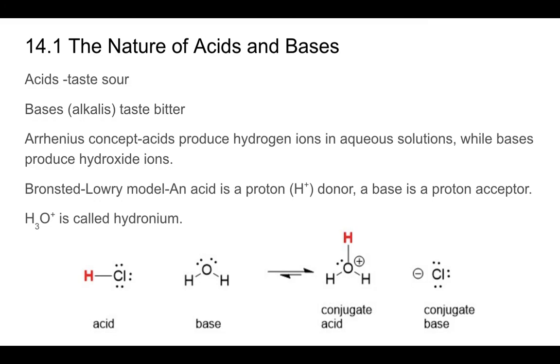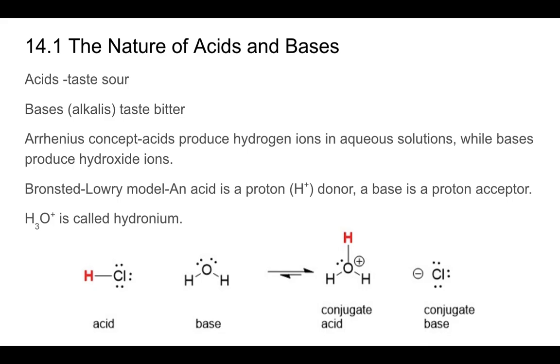So to start with, let's remind ourselves what acids and bases are. The word acid comes from the Latin word for sour. Acidus, A-C-I-D-U-S, is Latin for sour. And acids do have that characteristic taste.